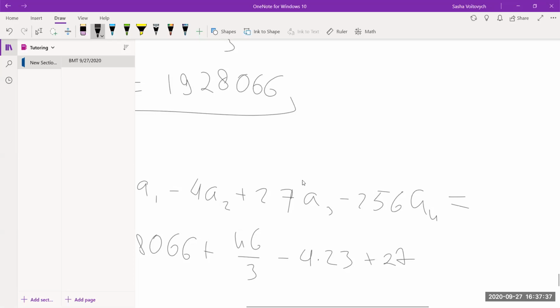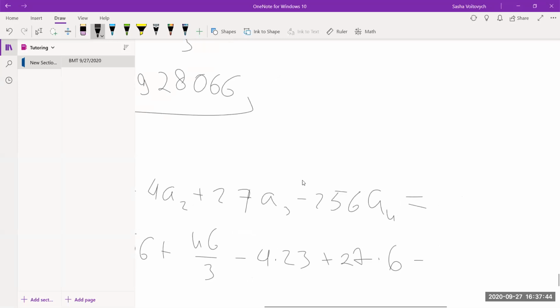Plus 27 A3, which is times 6, minus 256 divided by 3. Okay, 27 times 6 minus 256 divided by 3.